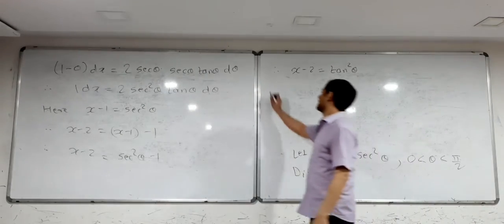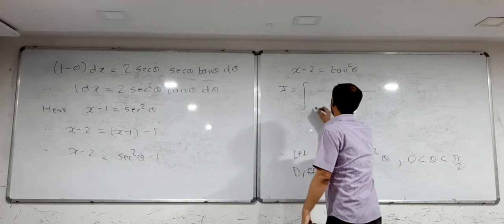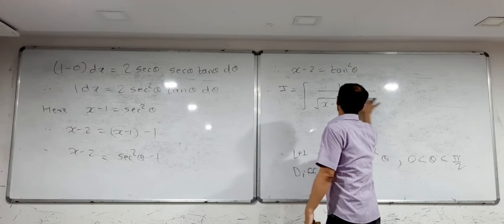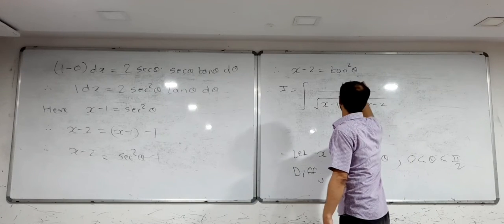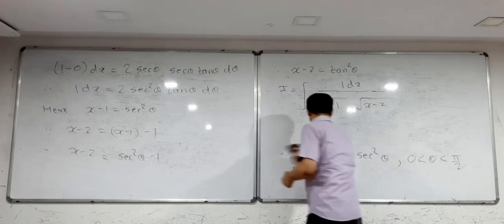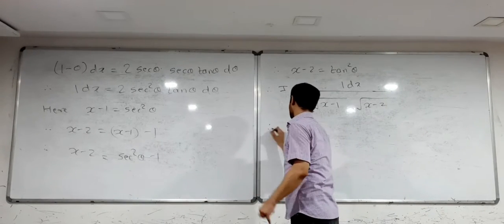Now, I कितना है? I is integration of 1 upon square root of x minus 1 into square root of x minus 2, 1 dx whole upon. तो आप देखो x minus 1 क्या था? sec square theta.